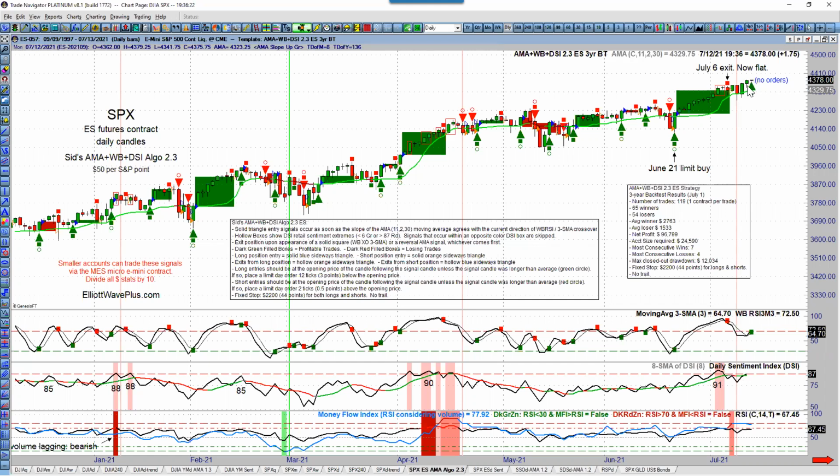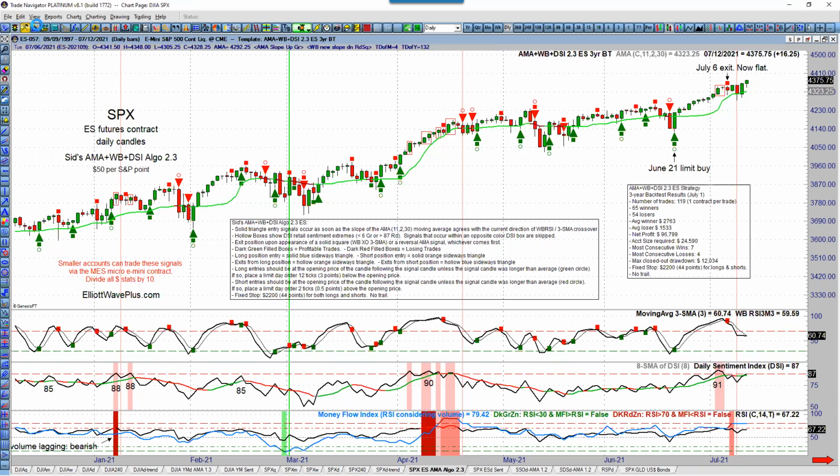But it might refuse to take it if the DSI, which closed today at 87, closes tomorrow at 88, it's not going to take that new long signal. Let's say we close a little higher than we are right now by the time this Tuesday candle closes, and that's why I turn off the streaming.